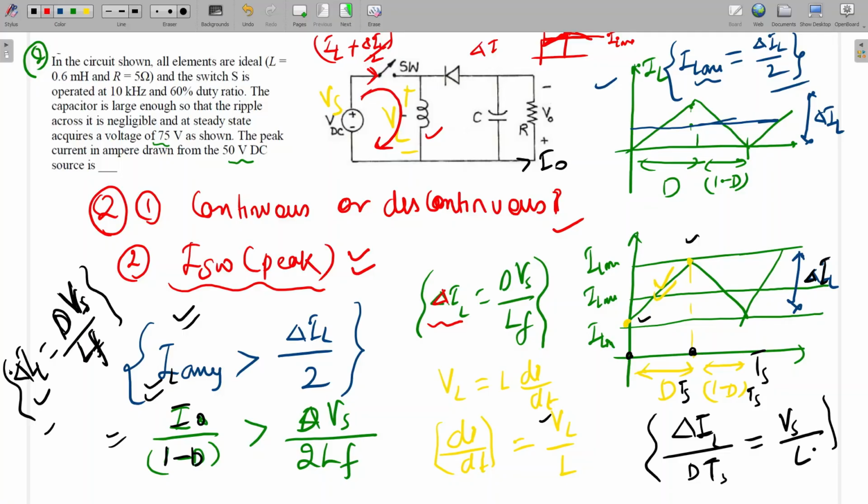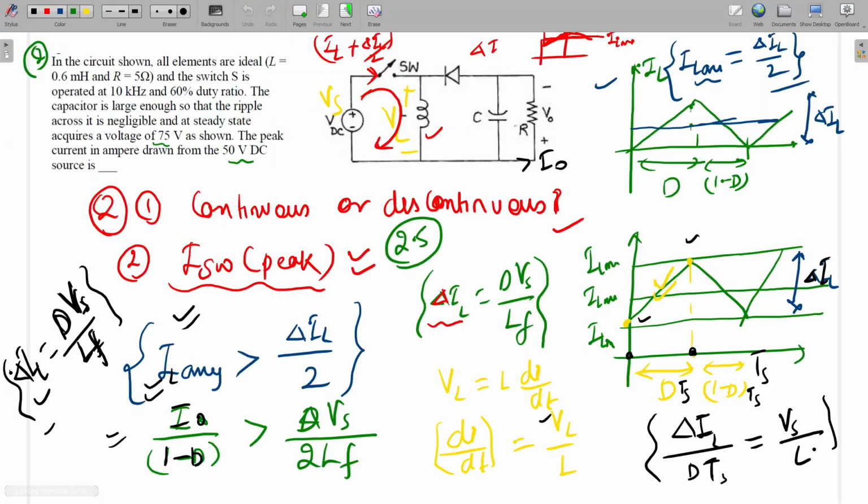It is coming as 5. So delta IL by 2 will be 2.5. And what is the output current here? The R value is 5 ohm and the output voltage is 75.